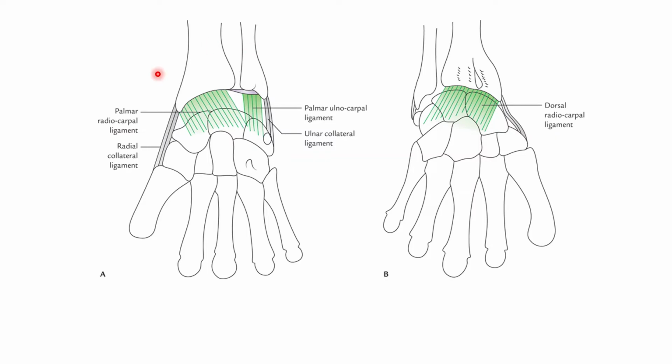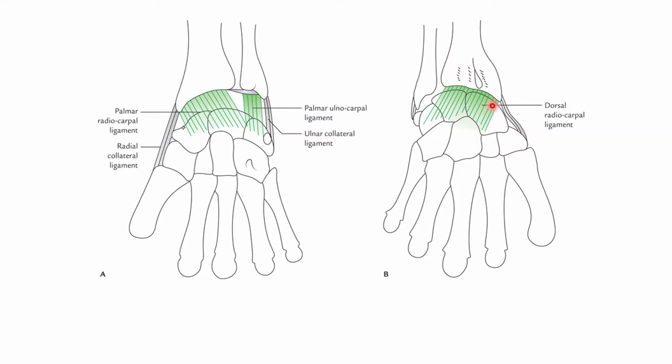This is the easy diagrammatic view showing the palmar radiocarpal ligaments over here. The palmar and the dorsal radiocarpal ligaments are nothing but the thickenings of the capsular ligament itself, in its palmar aspect and its dorsal aspect.